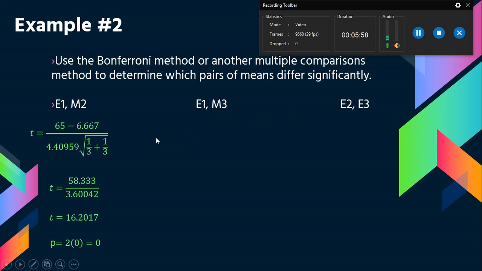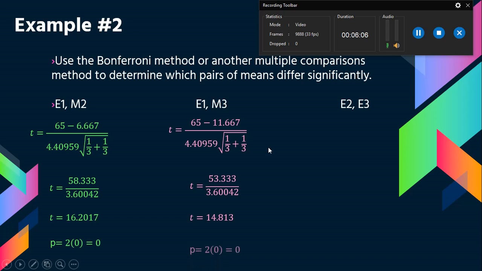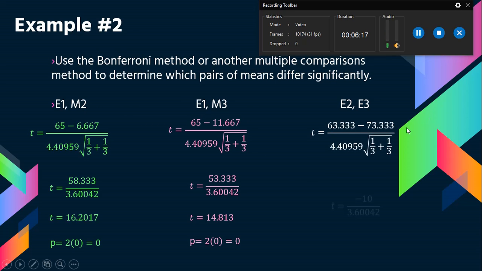So this comparison does come up significant. And this one comes up significant as well. You'll notice they're both comparing the extracellular to the inert. This one is significant, if we set alpha at 0.05.